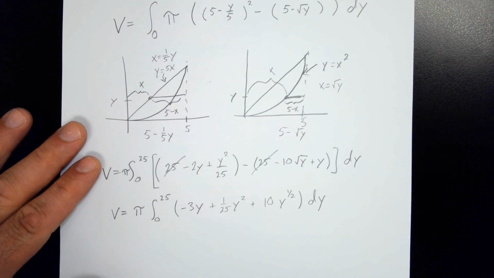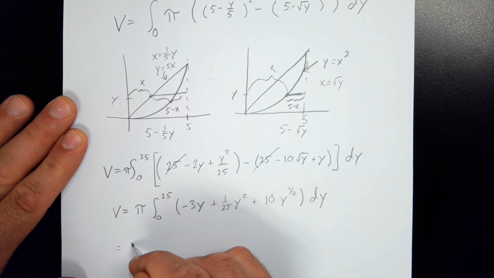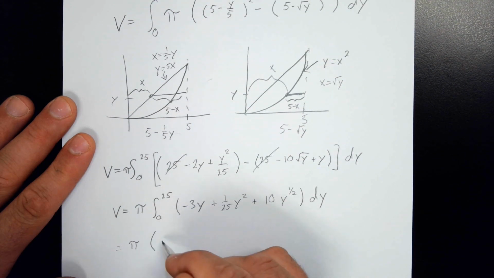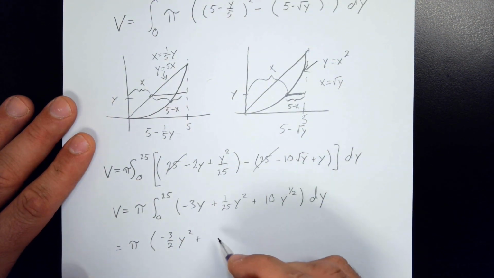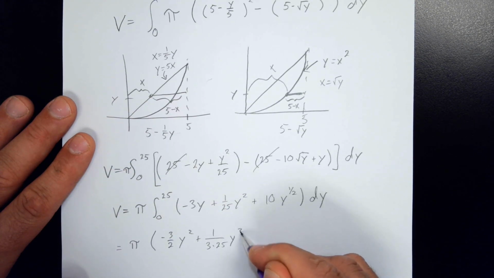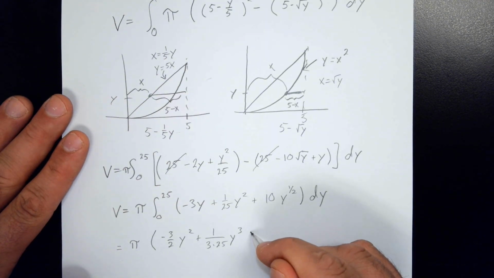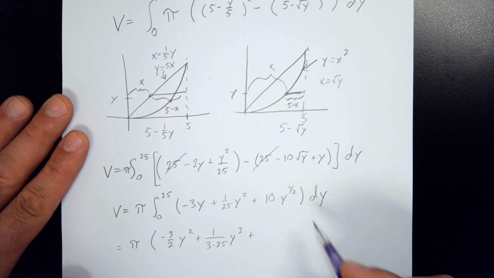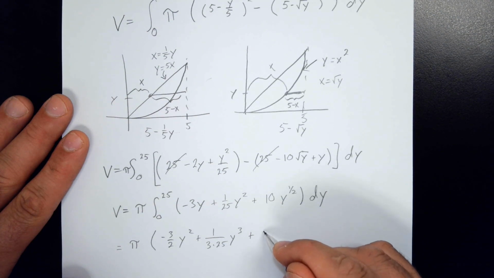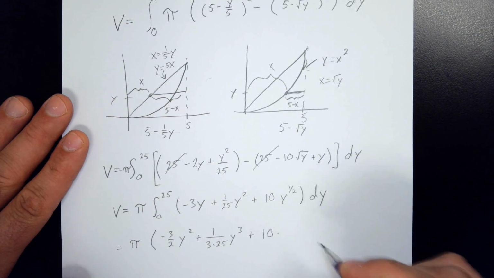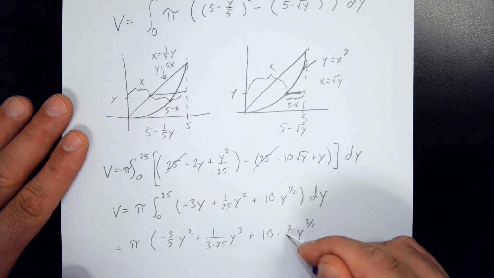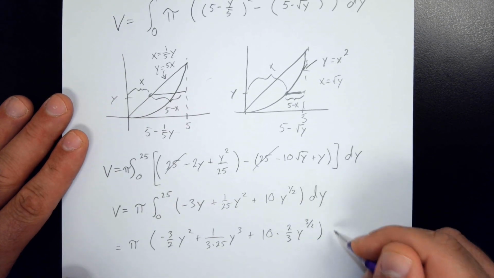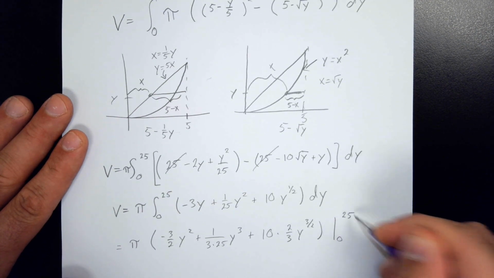Finally, we're ready to integrate this thing. So this is pi times negative 3/2 y squared plus 1 over 3 times 25 y cubed plus, let's see, 10 times, well, it's going to be y to the 3/2, so I should divide by 3/2 or multiply by 2/3, all evaluated from 0 to 25.